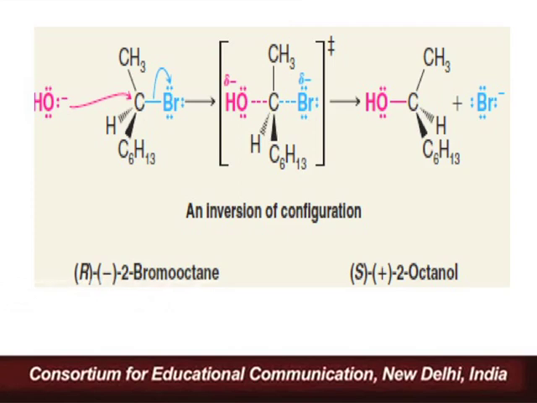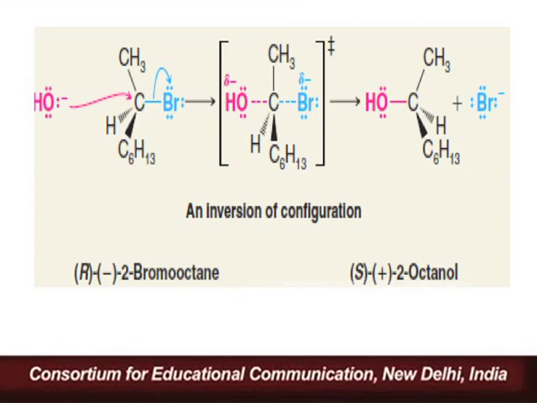When it forms a bond, it results in a transition state where a partial bond is formed between carbon and the hydroxyl group, and the bond cleavage starts taking place between carbon and the bromine atom.